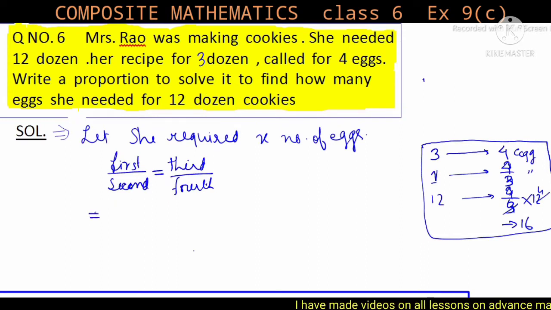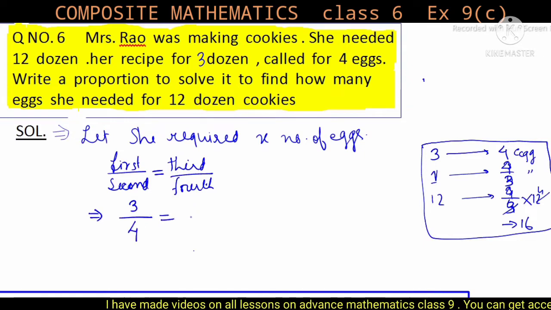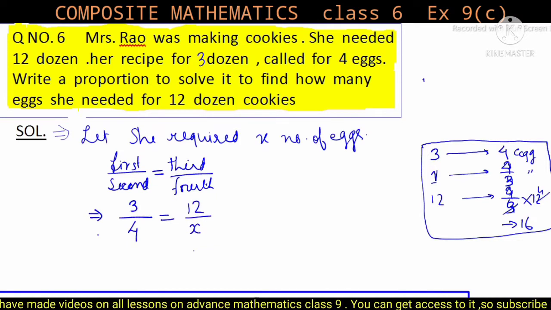First term given is 3 dozen, so we will put here 3, and second term given is 4, so we will put here 4. Third term given is 12. Then how many eggs? So, x. See, we have placed the number of eggs in the denominator here, and here also we have placed the number of eggs in the denominator.